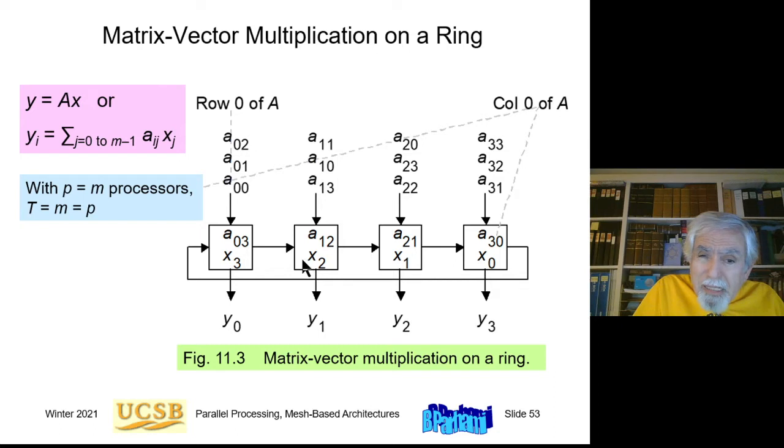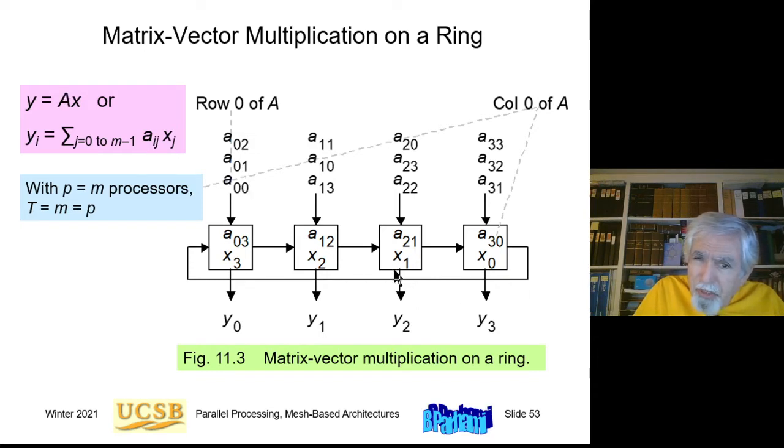Then the x values rotate. In the current clock cycle, I'm computing x3 times a03. In the next clock cycle, x will be shifted, so x0 will enter into this cell, and that x0 will be multiplied by a00.